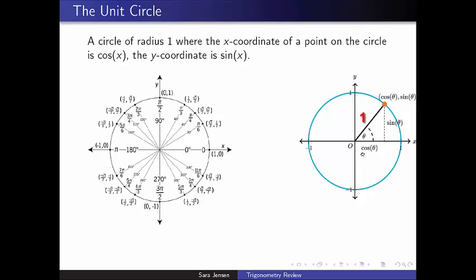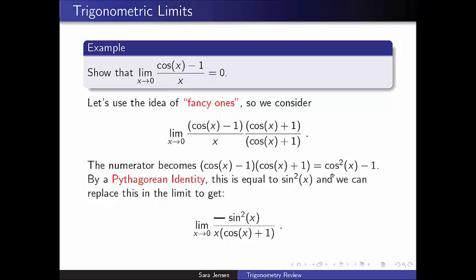Rearranging that Pythagorean identity until we have cosine squared of x minus 1, what that's equal to is the negative sine squared of x. And that allows us to replace this complicated numerator in this expression with just the quantity negative sine squared of x in the numerator, and the denominator would be x times the quantity cosine of x plus 1.